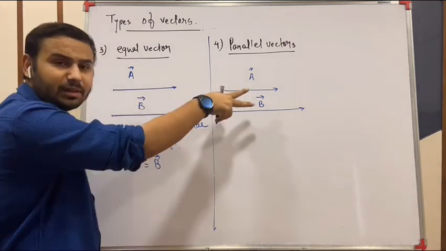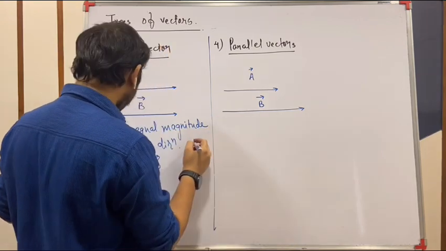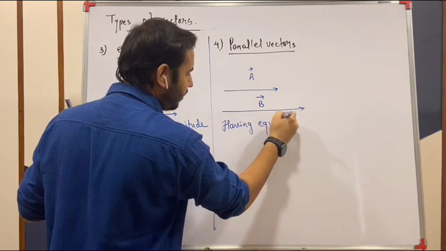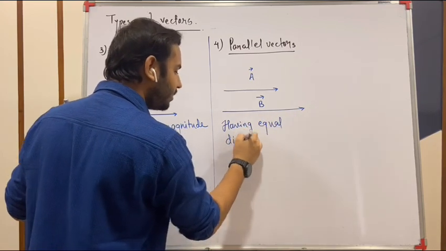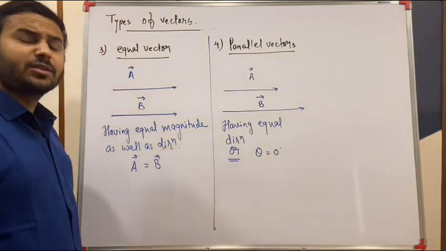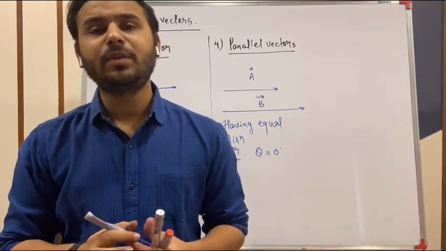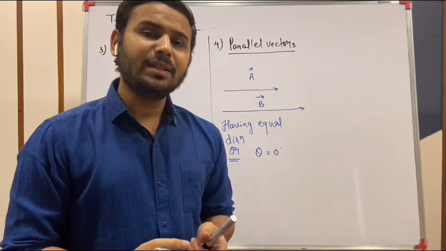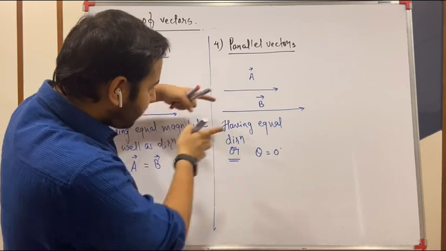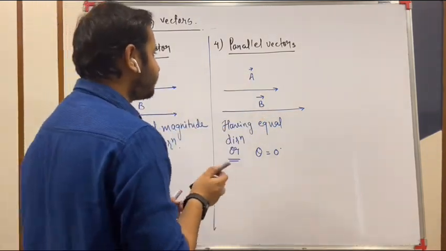Here these two are only parallel to each other, only the directions are the same, the magnitude is not the same. So you can say having equal direction or theta 0. Understood now? Theta 0. In our previous lecture we discussed the angle between two vectors. Parallel lines have 0 angle between them. So you can say these are parallel vectors having the same direction, and magnitudes are not the same.